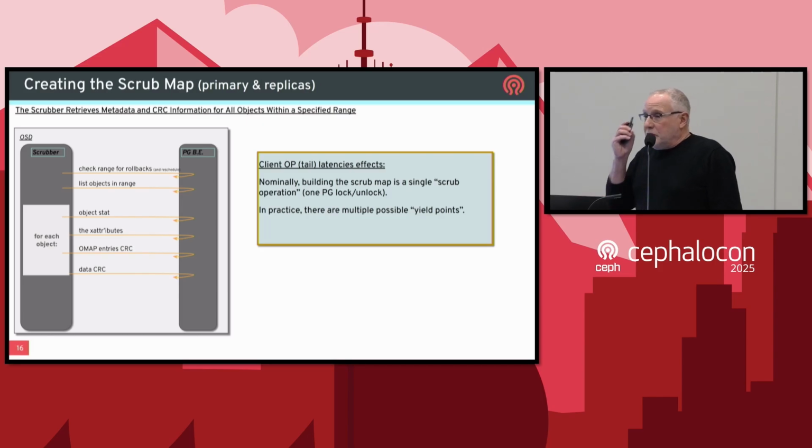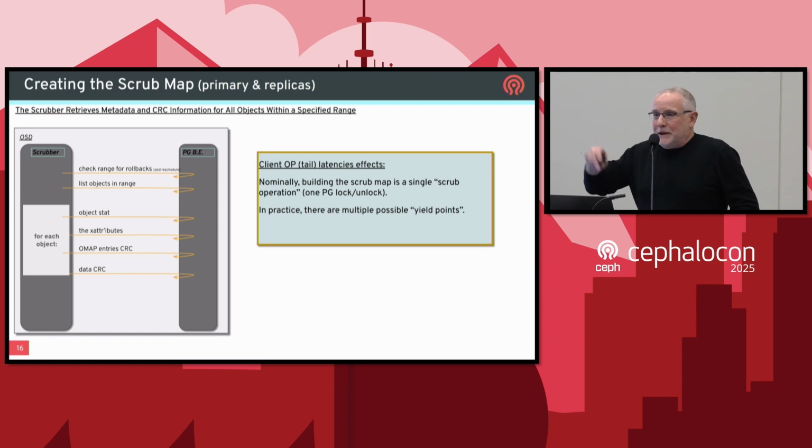Each OSD, sorry, in its copy or each shard of the PG in this range, lists all the objects from RocksDB, and then performs information gathering on each of the objects in the loop. The object stats, the xattrs, the OMAP, and the data. That's a lot of work.